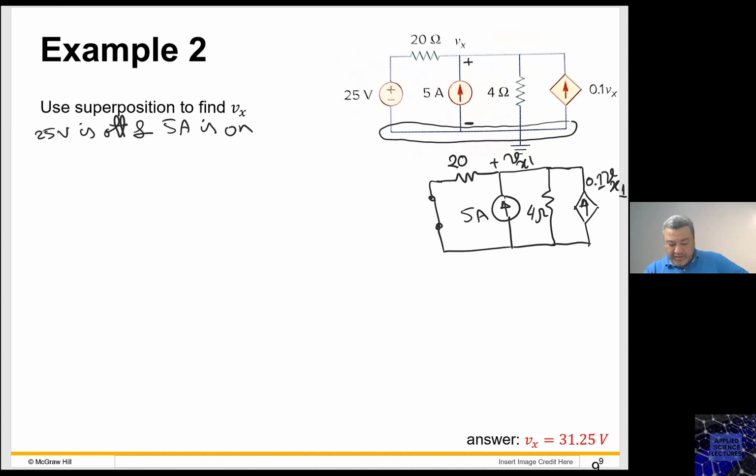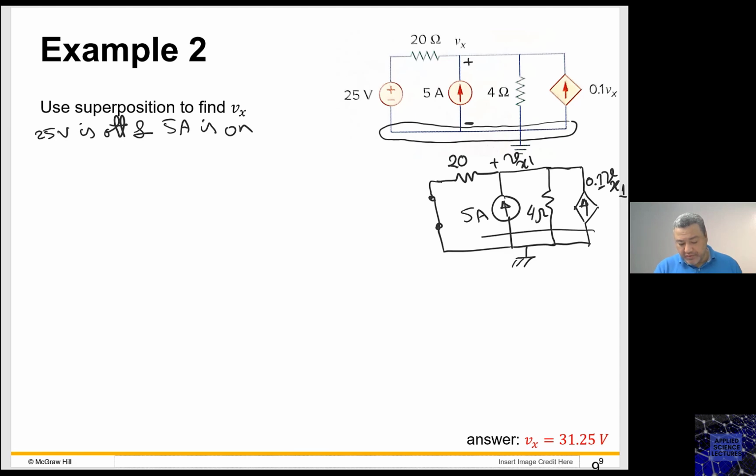We have this current and this current. Or maybe we can do a nodal analysis. So let's do a nodal analysis. What are the nodes that we have here? Let's put the reference here.